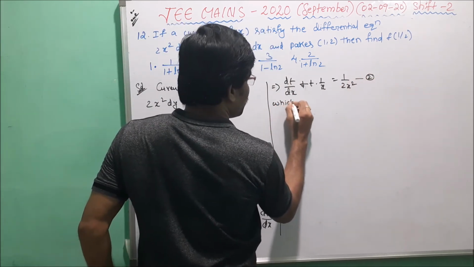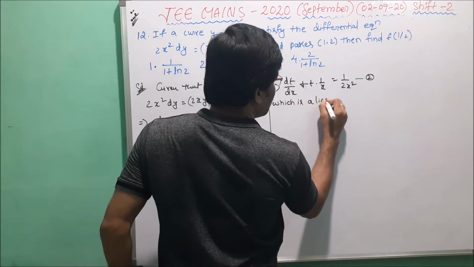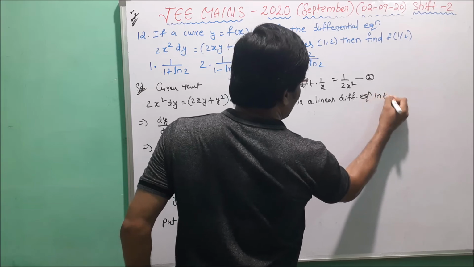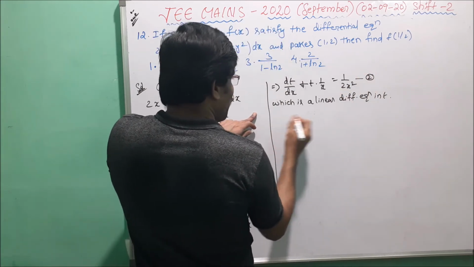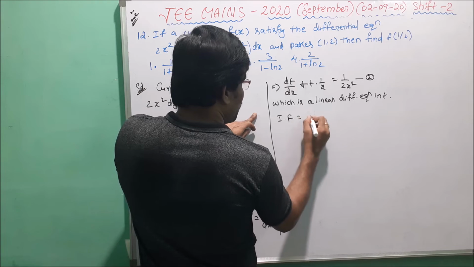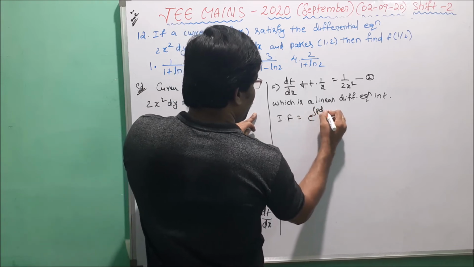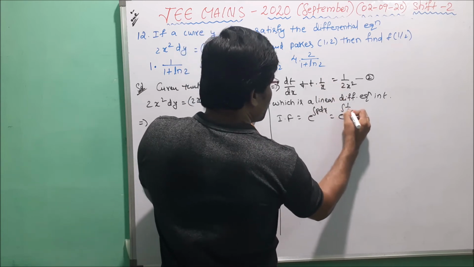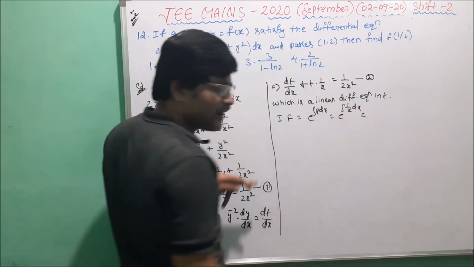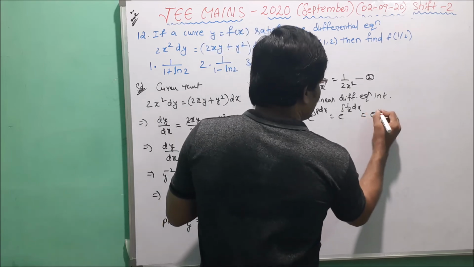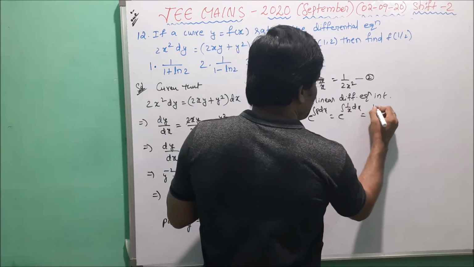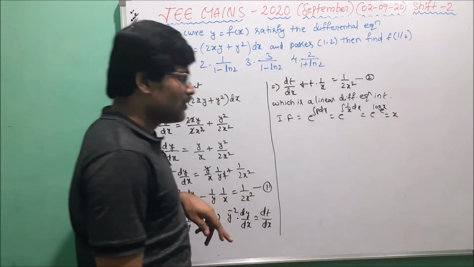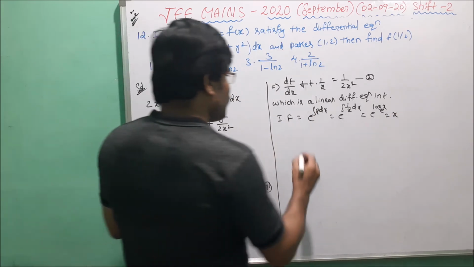Now to find the integrating factor, it equals e^(∫p dx). Here p means 1/x, so e^(∫1/x dx). Integral of 1/x means e^(log x). Here it can be simplified: integrating factor equals x.